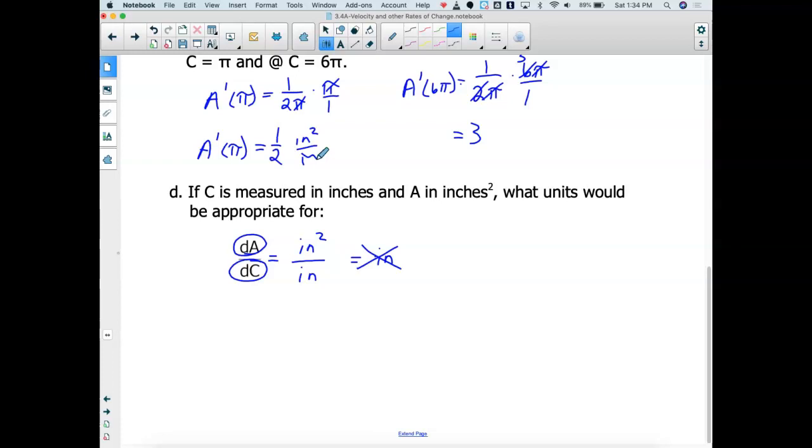Okay, my area prime at 6 pi, it's changing at 3 inches squared per inch. So for every 3 square inches change in area, my circumference changed 1 foot, basically at that moment in time. Okay, my area changes at different moments in time. These are just a couple things that we're looking at, okay?